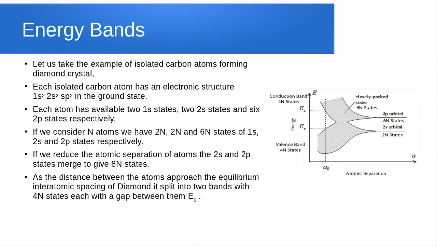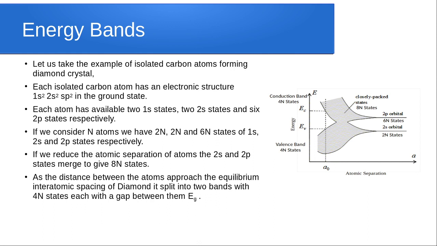We should see the picture from right to left. So initially we had 2p and 2s orbits with 6n states and 2n states respectively. On bringing the atoms closer, that is, by reducing the atomic separation, they merge to give atom states, which is in the middle portion of the figure.